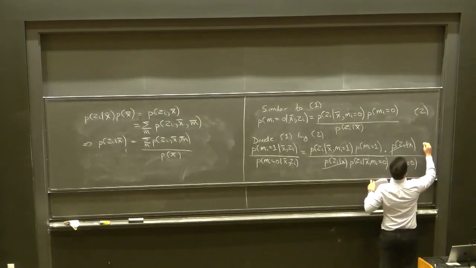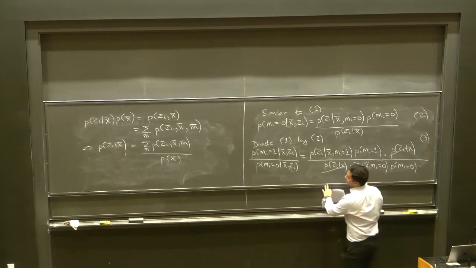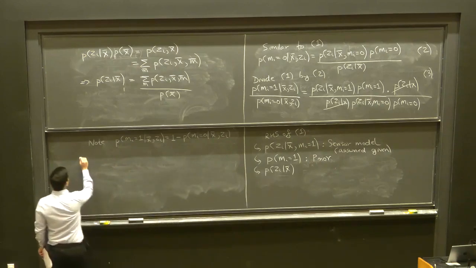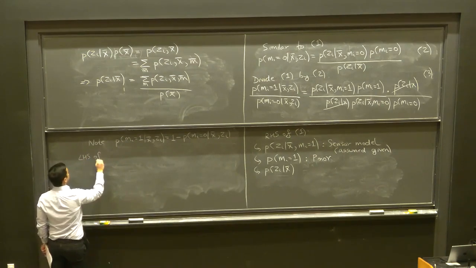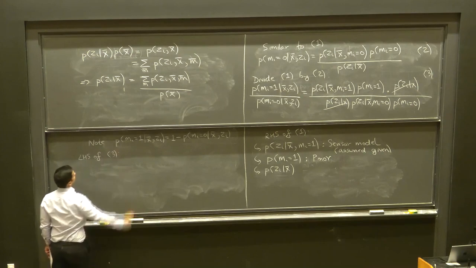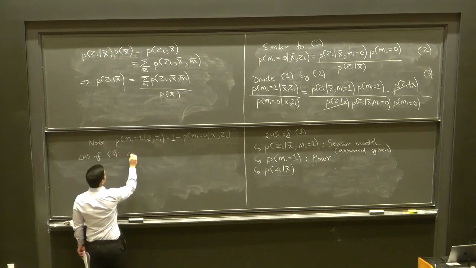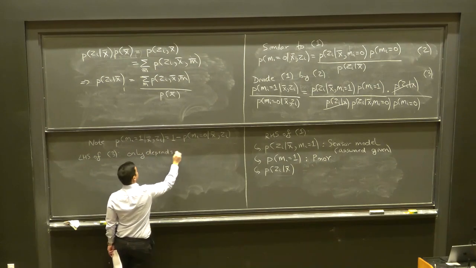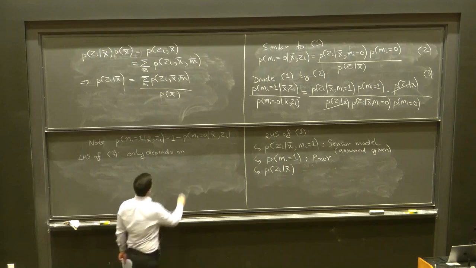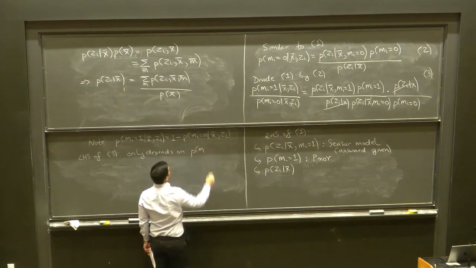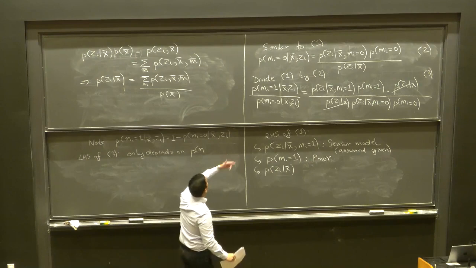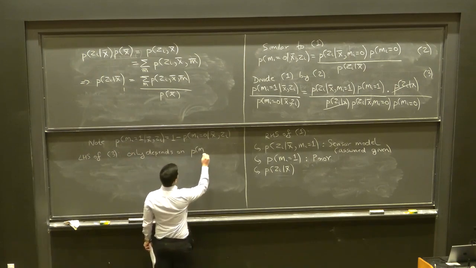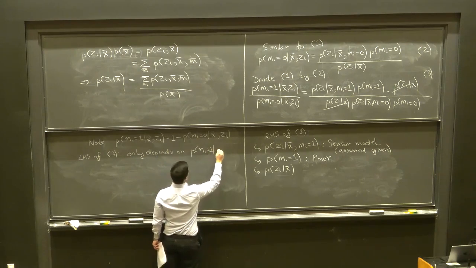I'll call this equation 3. The left-hand side of 3 only depends on one unknown: if we substitute the denominator with 1 minus this, the only thing unknown is this probability.